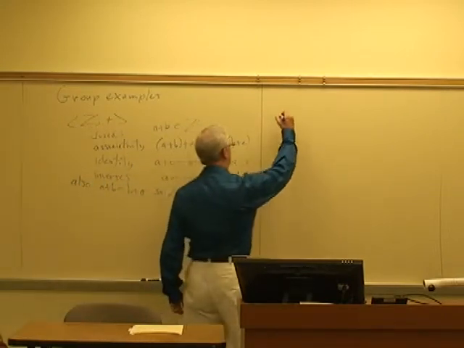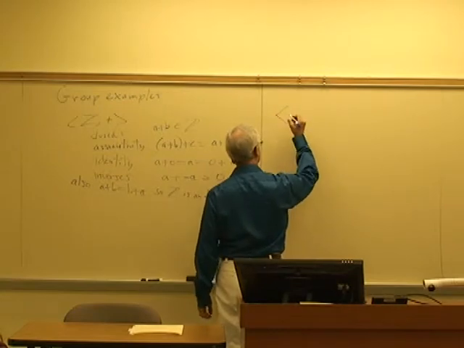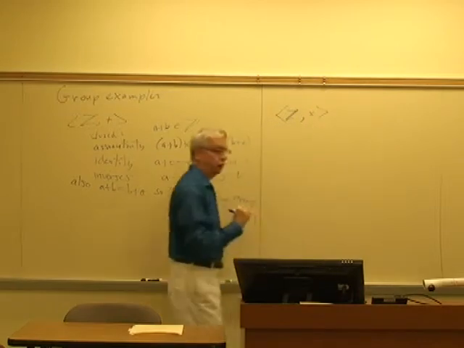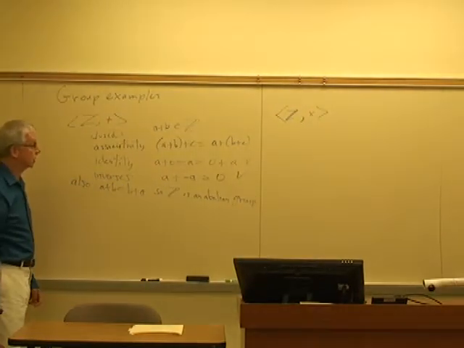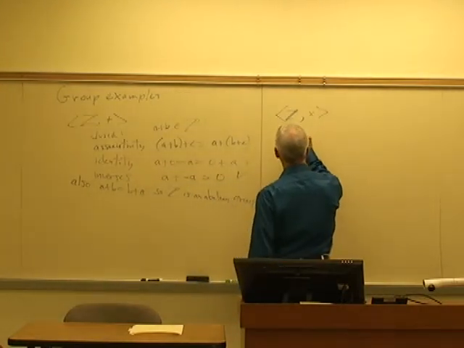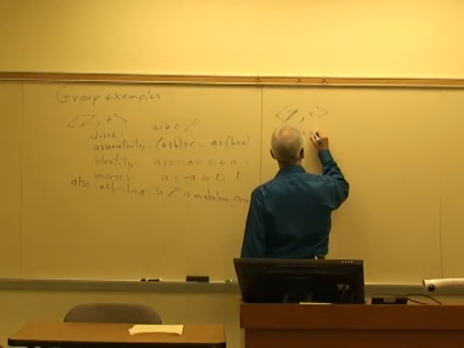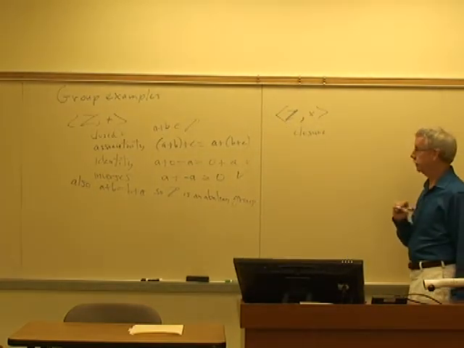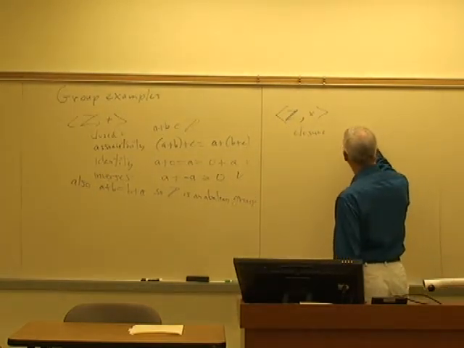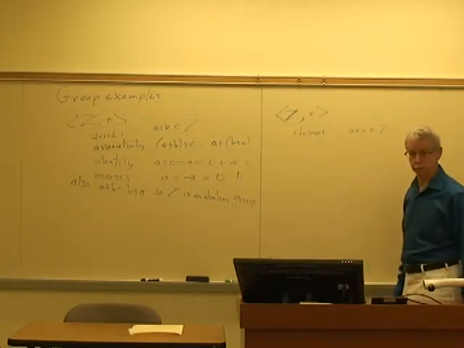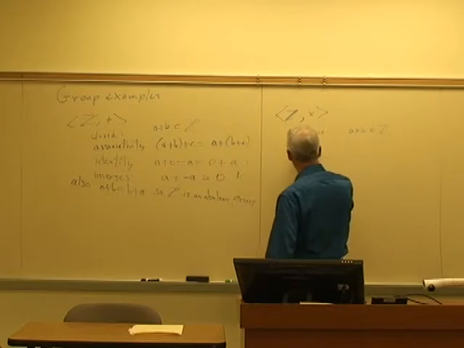Okay, let's look at a non-example that's closely related. The integers with multiplication. Let's run the properties. Do I have closure? Yes, right? a times b is certainly an integer if a and b are integers. Do I have associativity?